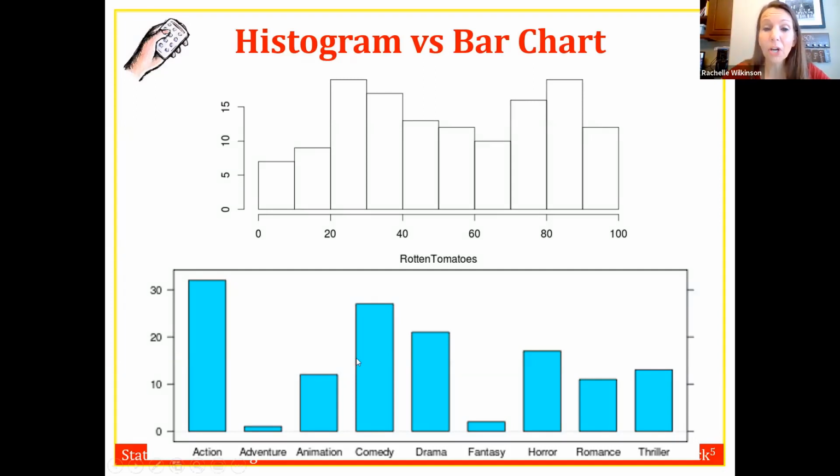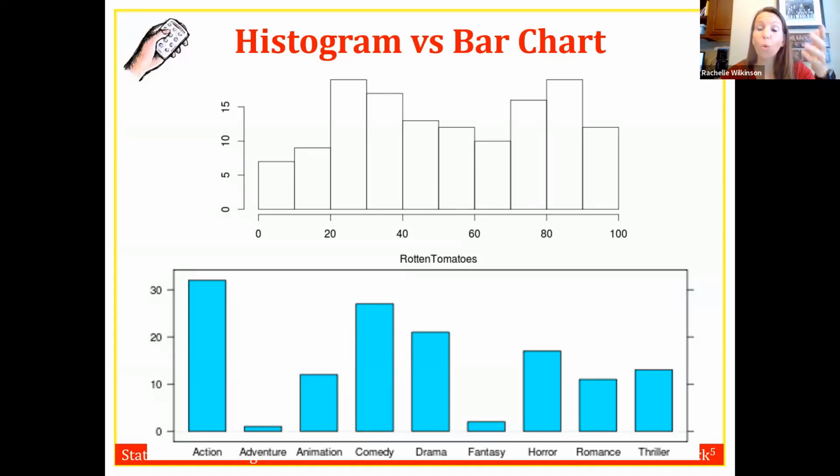No. Remember, on a bar chart, we're just looking for what the categories are and how the frequencies relate. So if I were to change up the order of these bars, so instead of alphabetical order, maybe I just switch them all up in any kind of order, would I still be able to tell what the categories were and which one had the most, which one had the least?